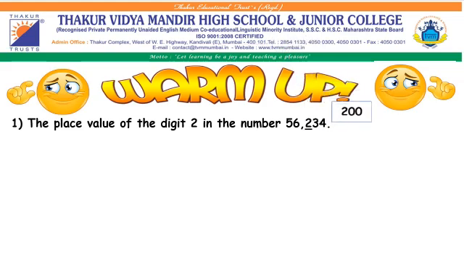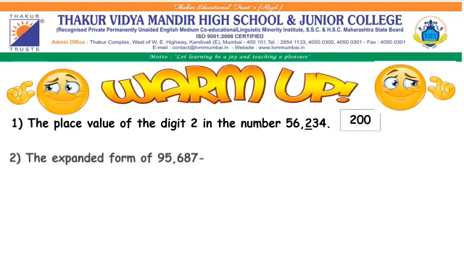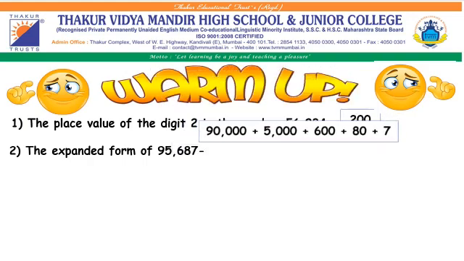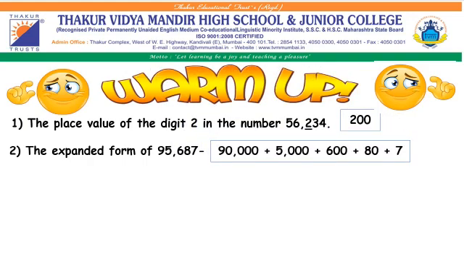Yes, it's 200. The next question, the expanded form of 95,687 is? Here's the answer. 90,000 plus 5,000 plus 600 plus 80 plus 7.